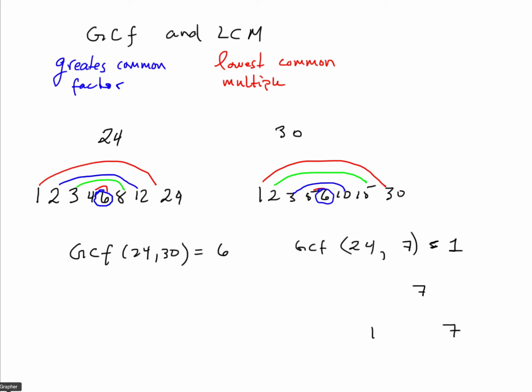That's because 7 is a prime number. And so the only factors are 1 and itself. So the greatest common factor between 24 and 7 would be the 1.